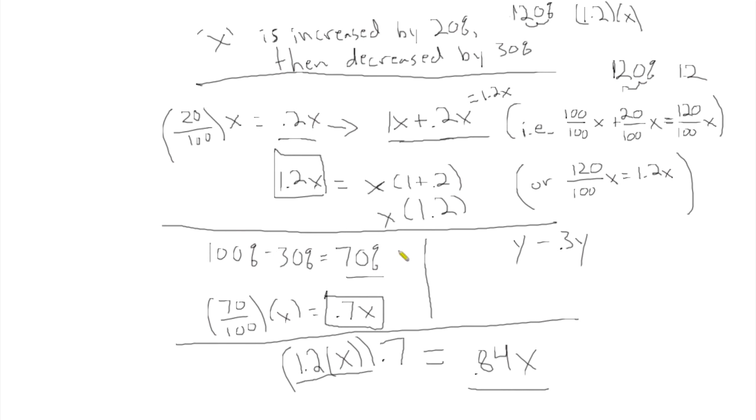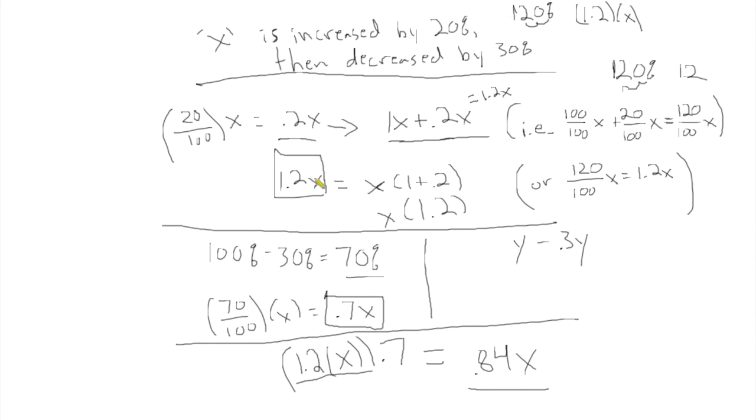Now, let's see how we solve this problem as a whole. x is increased by 20%, then decreased by 30%. What's the end result? So x is increased by 20%. We said that is 1.2 times x. So this is the result of that operation.